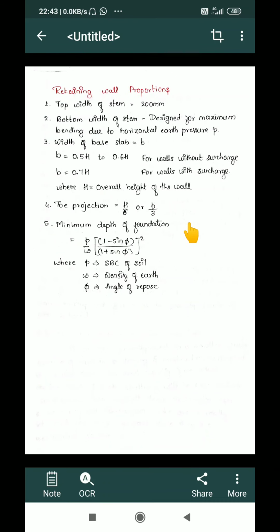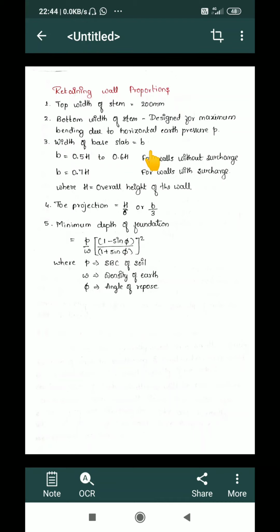Let us study a few of the proportioning guidelines as per Indian standards for retaining walls. First one is the width of a retaining wall. A minimum of 200 mm is the top width of a retaining wall stem. The bottom width of the stem is designed depending upon the maximum bending due to horizontal earth pressure.